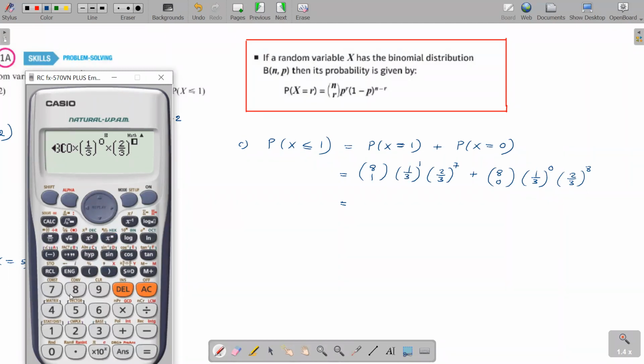Power 8. Okay, so I just typed the whole thing in the calculator.